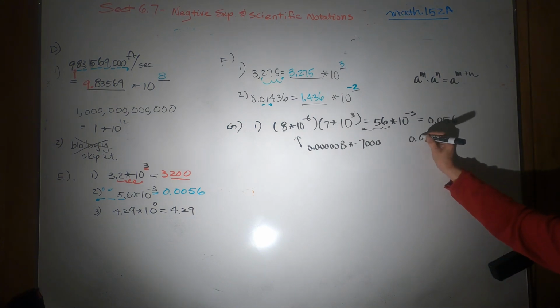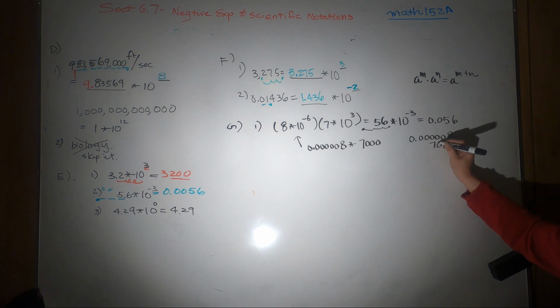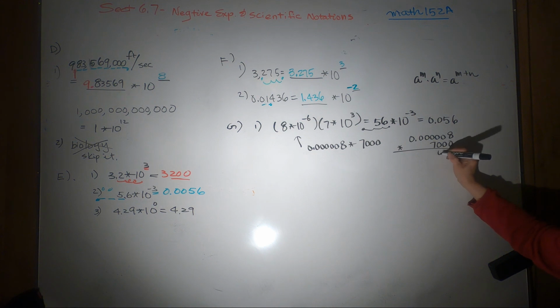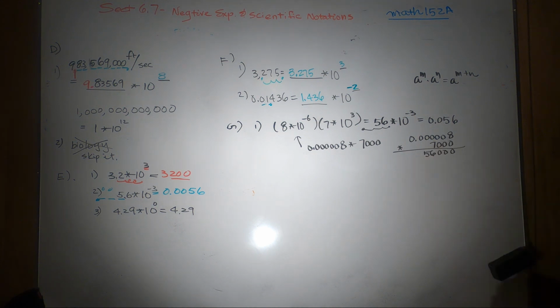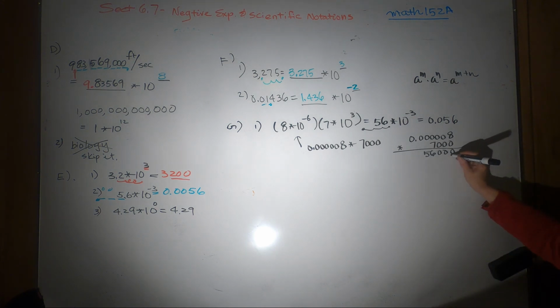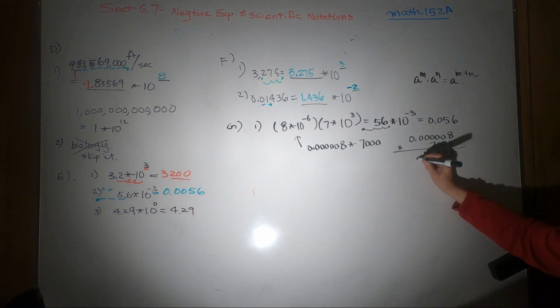Just review your decimals. Okay, how to multiply. You do 8 times 7,000, right? Then 56 with the zeros. Then how many decimal points do you need? You count it. 1, 2, 3, 4, 5, 6. 6 here, nothing here. Total you need 6. So you count 1, 2, 3, 4, 5, 6. Right?